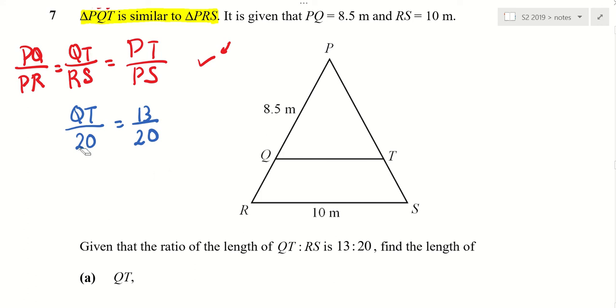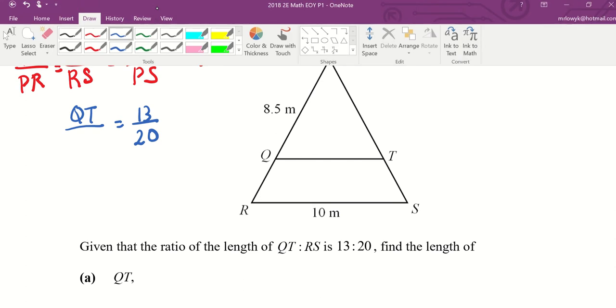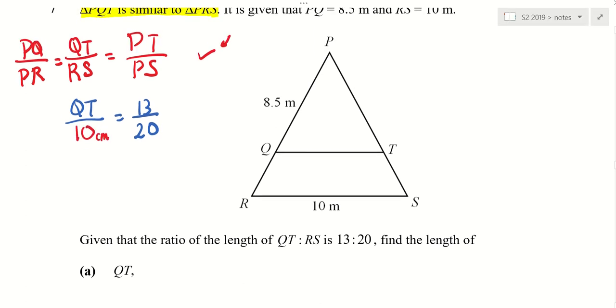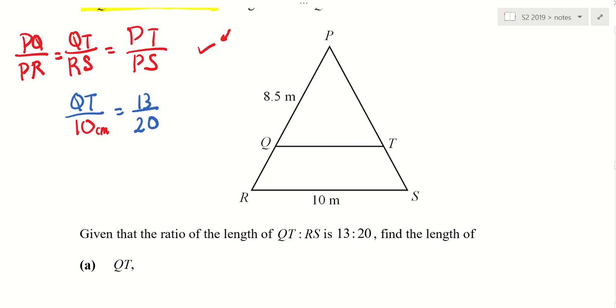RS is 10, so this is 10 cm. So QT over RS is 13 over 20, but QT itself is 10 cm.